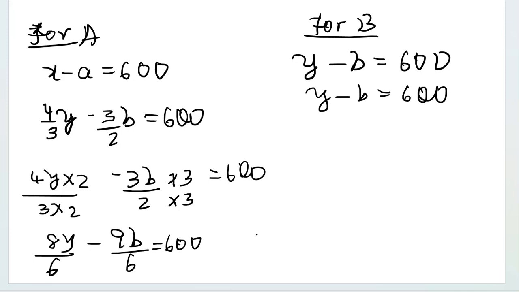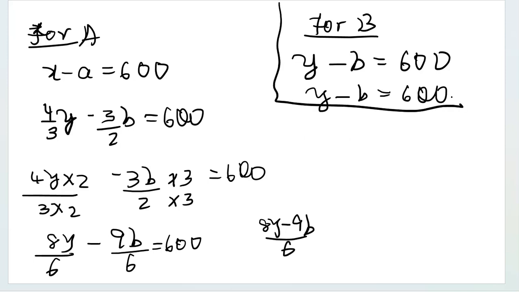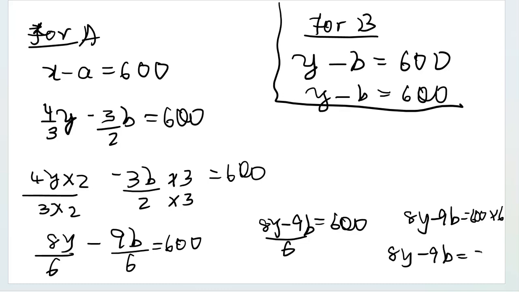Now we have the base same, so we take 8y minus 9b upon 6, kept as it is, equal to 600. So 8y minus 9b is equal to 600 into 6. This is 8y minus 9b is equal to 3600.